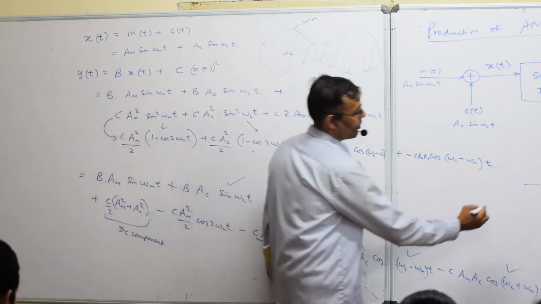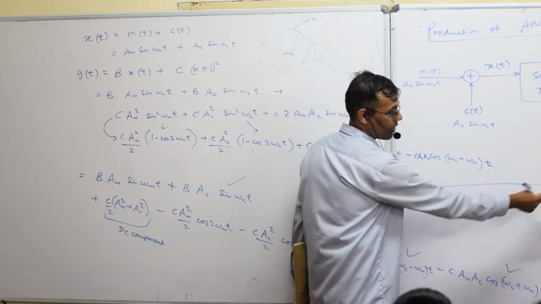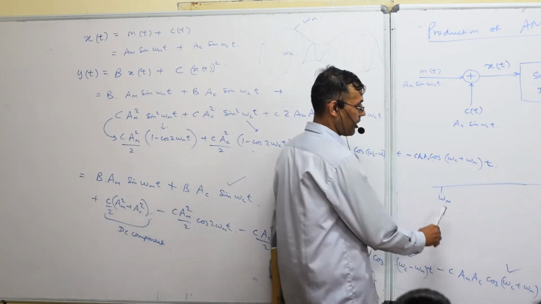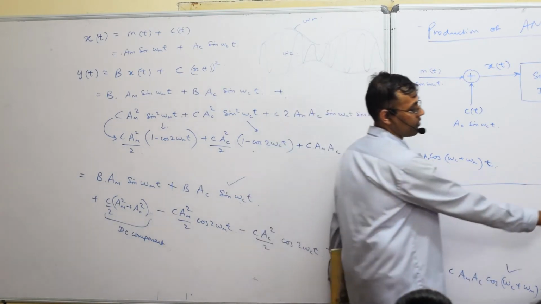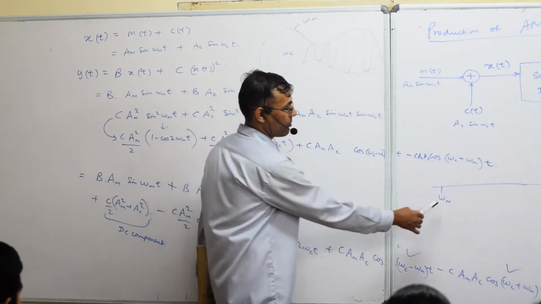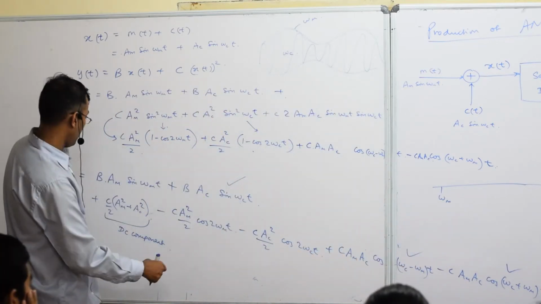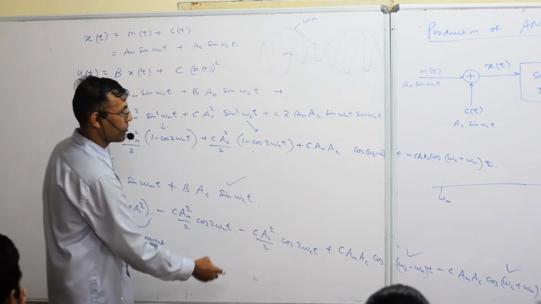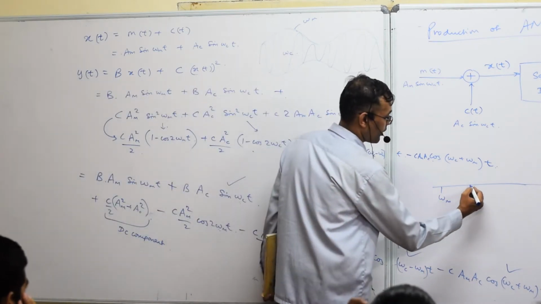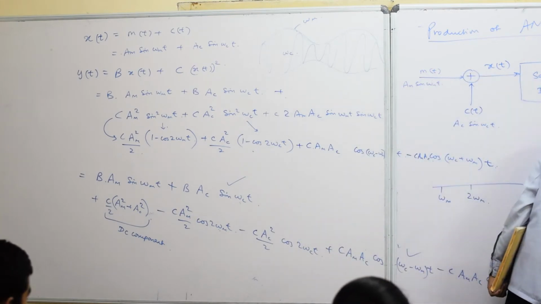So I want to explain to you. This is omega m. It's very small compared to omega c. Omega m is in the order of kilohertz. Omega c is in the order of megahertz, which means it's somewhere there. Omega m is one of the frequencies given. Then I have 2 times omega m, let's say it's somewhere here. 2 times omega c is somewhere here.